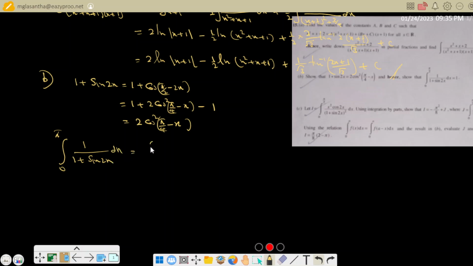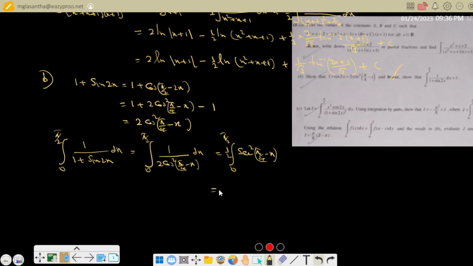So instead of 1 plus sine 2x, you can put 2 cos squared(pi by 4 minus x) dx. So this equals the integral from 0 to pi by 2 of half sec squared(pi by 4 minus x).